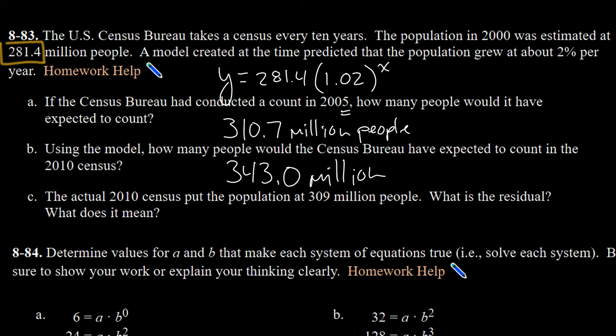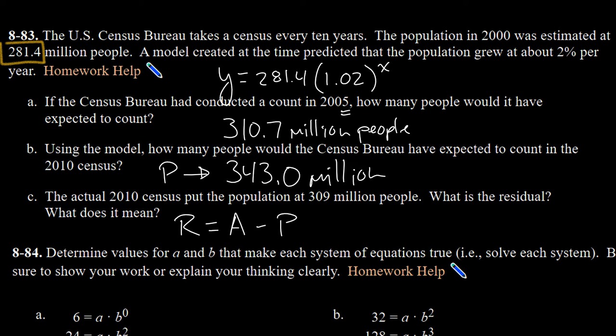And then the final question says, the actual 2010 census put the population at 309 million people. What is the residual, and what does it mean? If we recall, residual is always the difference between what was actually recorded and what was predicted by our model. You can see I've got the value predicted by our model right here for 2010. The predicted value was 343 million.